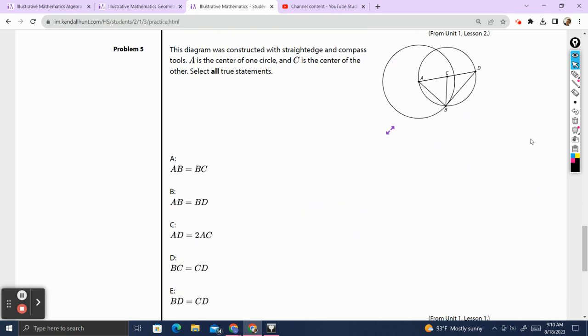Problem 5. The diagram was constructed with straight edge and compass tools. This diagram right here. A is the center of one circle, and C is the center of the other. Select all true statements. Well, what do we know? Let's situate ourselves. A is the center of this circle, and AB is the radius.